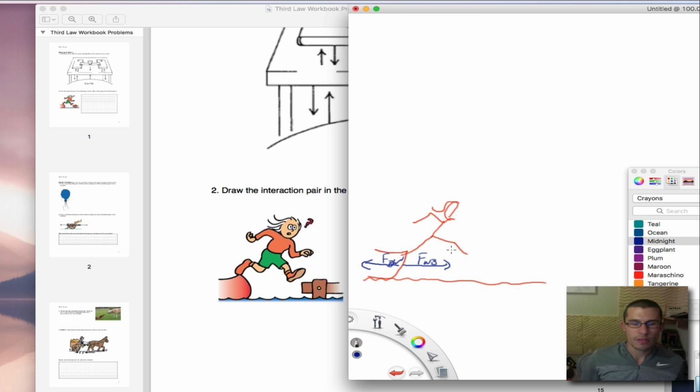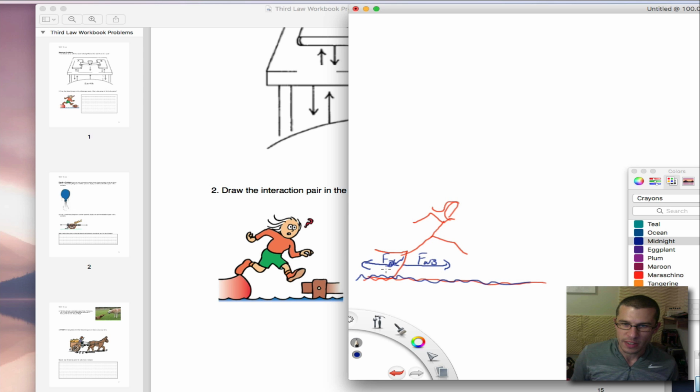This is normally fine if the boat is stationary, if the boat is anchored to something. Let's say it has super high friction. Then she is going to be pushing off and propelling forward. But in this case, you've got water, which has very low friction compared to something like grass or dirt that the boat might be stuck in.